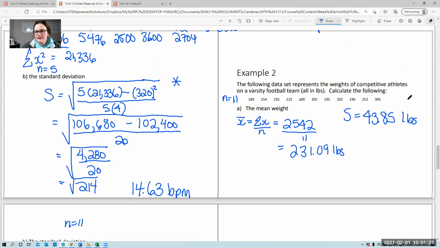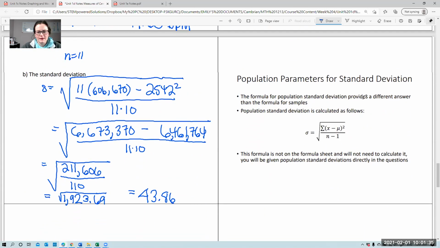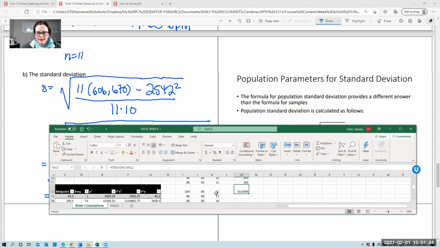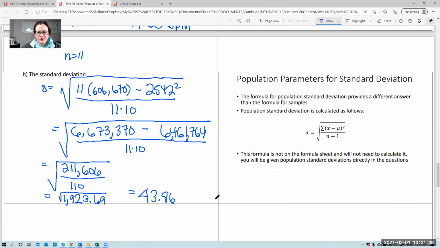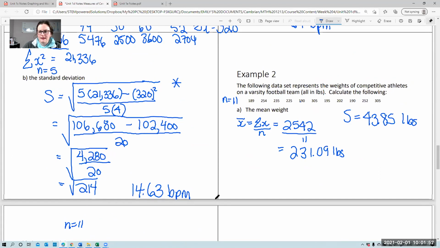What did Excel get us? 43.85. Actually, let's have a look at Excel again. Oh yeah, 86. So Excel got us 43.86 and our longhand calculation got us 43.86.